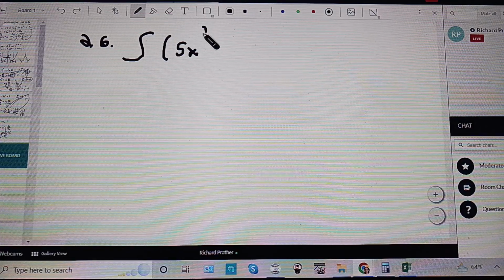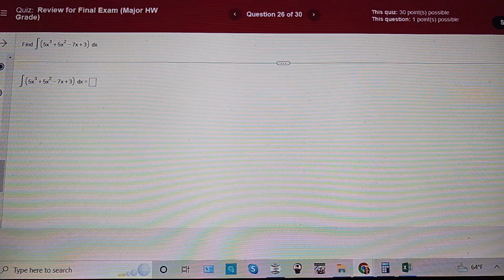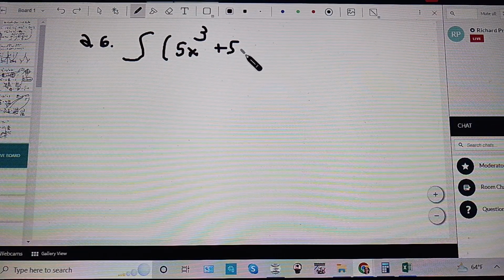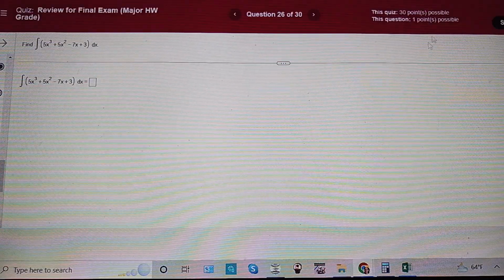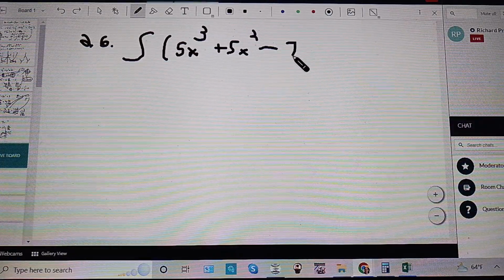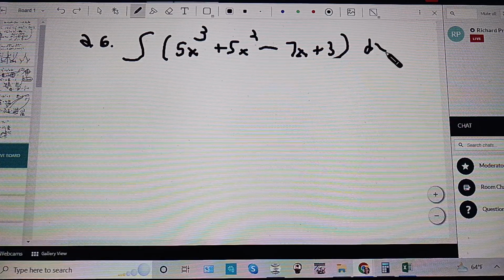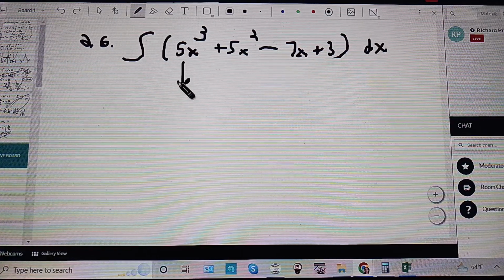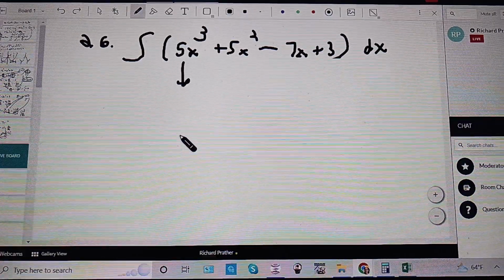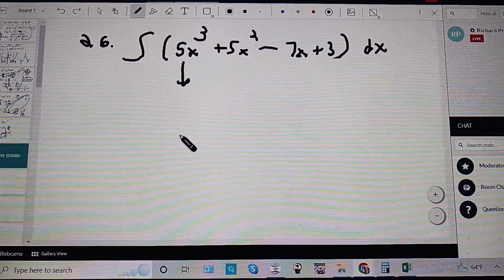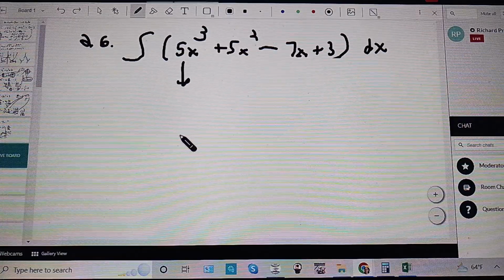5x to the third. Here we just have a polynomial. Plus 5x squared minus 7x plus 3. So we can do this term by term in a polynomial. And now the process is reversed, both in steps and in order of doing derivatives.